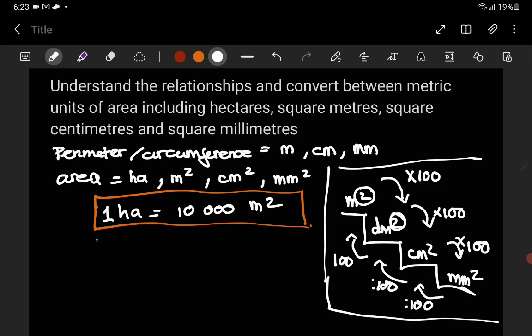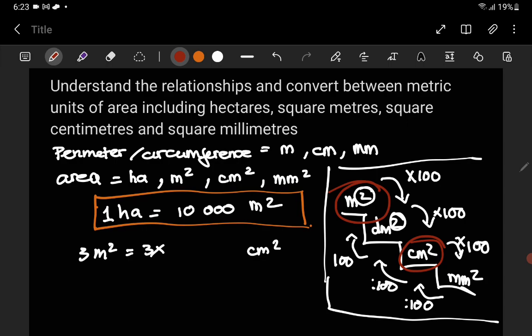Now, let's say I have 3 meters square and I want to convert it into centimeter square. What will I multiply the 3 by? We go from meter square, the start point, to centimeter square, the finish point.